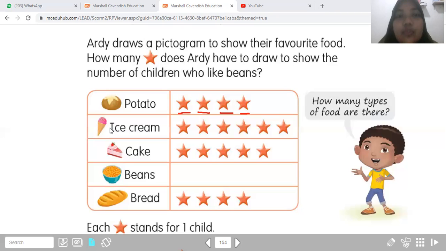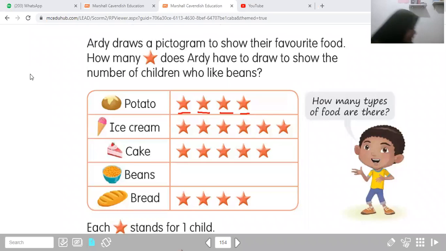But you have to make it represent the data by using a picture. You can use another picture also. For example, do you want to make it favorite food? Do you want to use this picture? You can do that, or any picture, any symbol to represent the data.